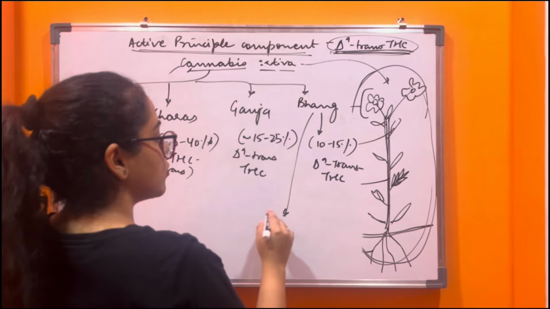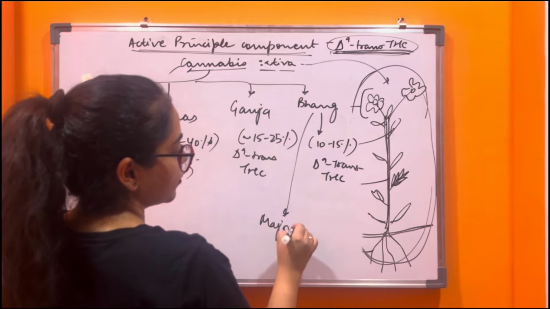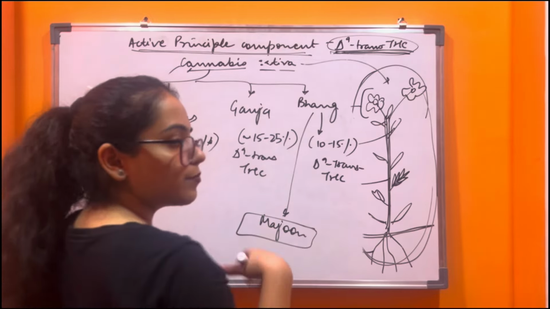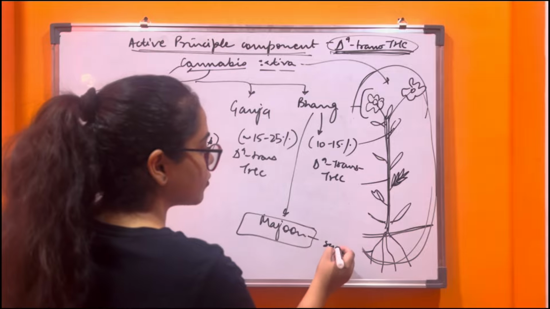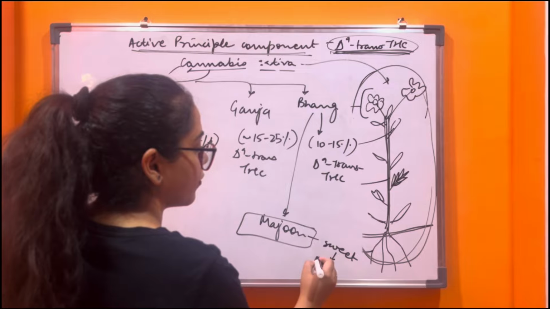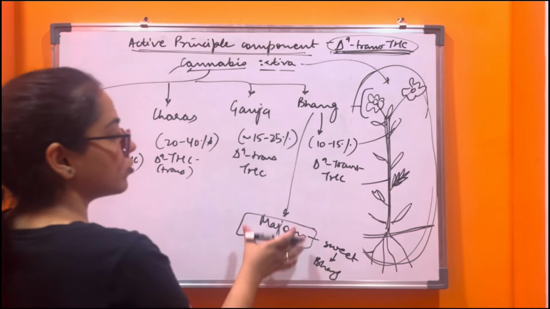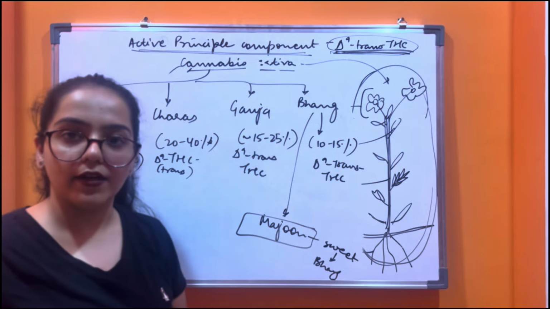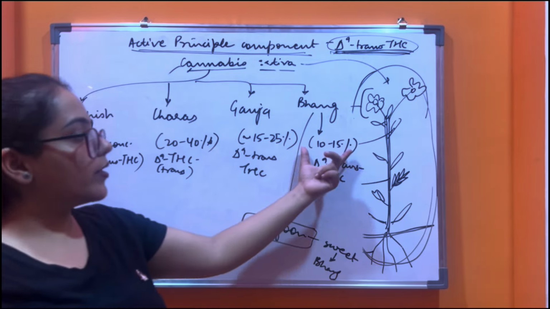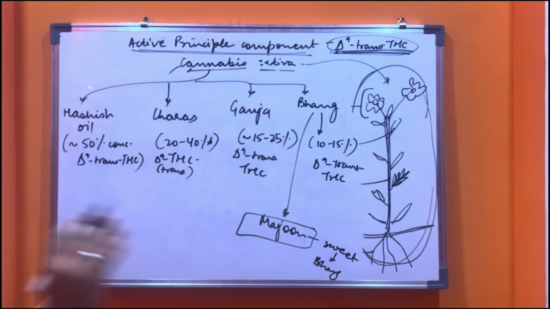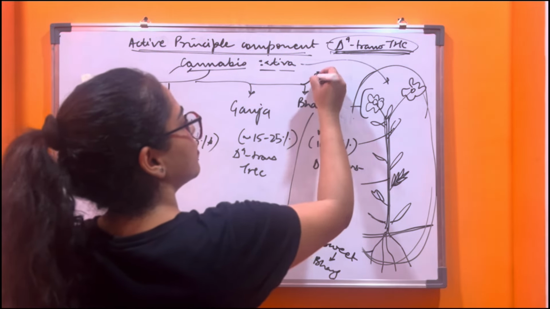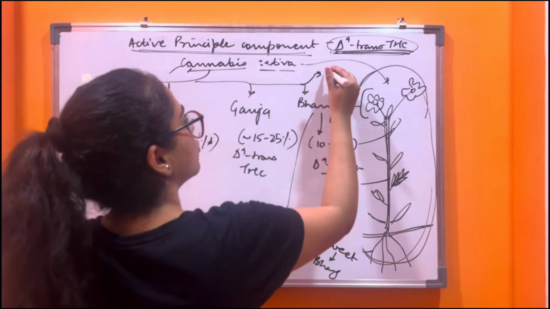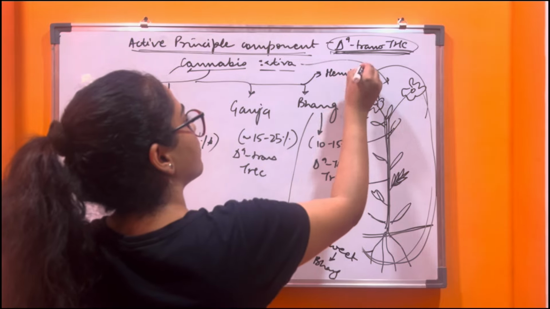There is also one sweet termed majoon. Majoon is a sweet made from bhang, so it has the same composition as bhang, around 10 to 15% of this active principal component. And then there is one least concerned, which is called hemp.